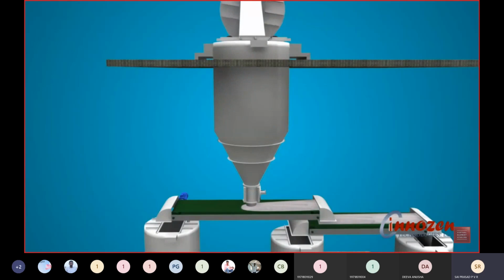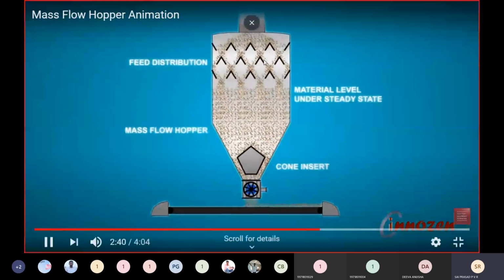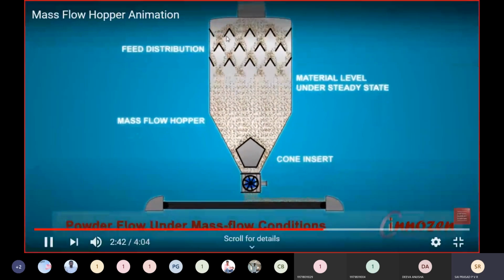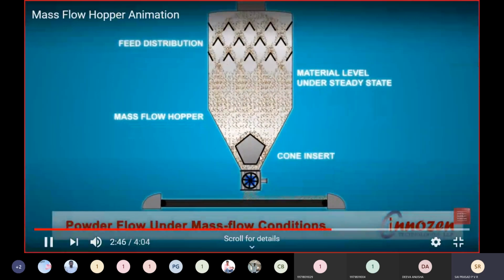From a process, they are dumped in this tank. And there, they are the channel creators. To avoid arching, they are present inside. And here one more cone is inserted.